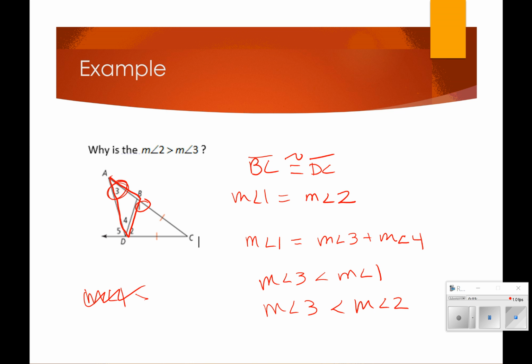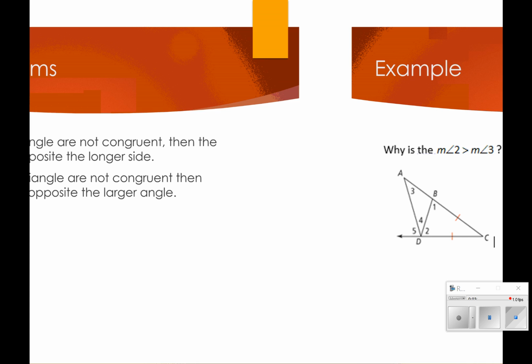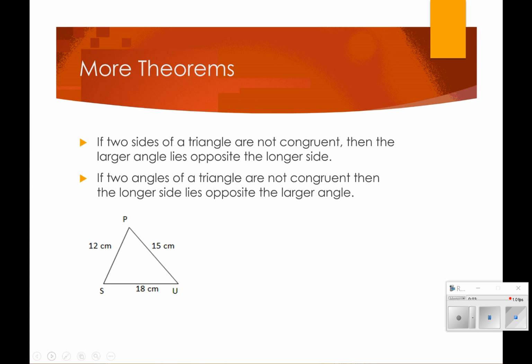Moving on. We have more theorems. If two sides of a triangle are not congruent, then the larger angle lies opposite the longer side, and vice versa. If two angles of a triangle are not congruent, then the longer side lies opposite the larger angle. So when I'm looking at this triangle PSU, I've got 12 centimeters for side PS.